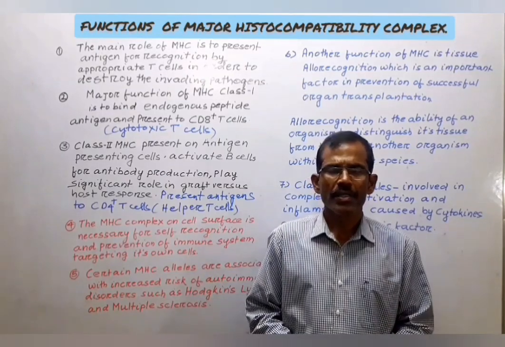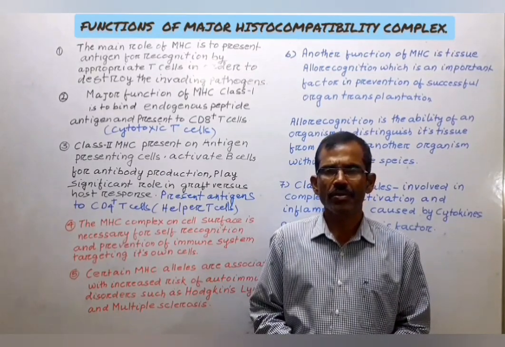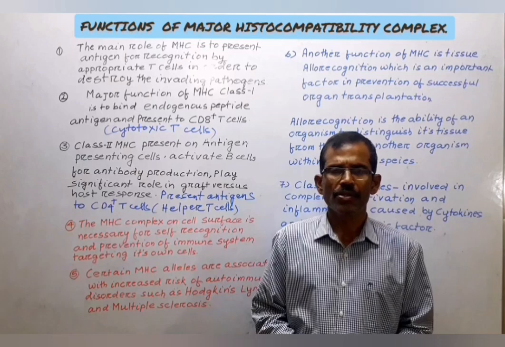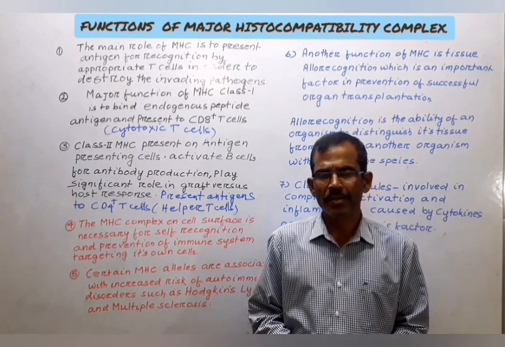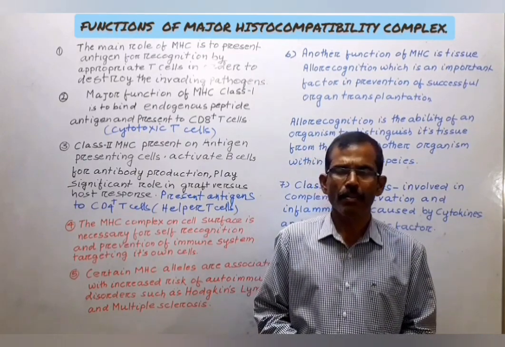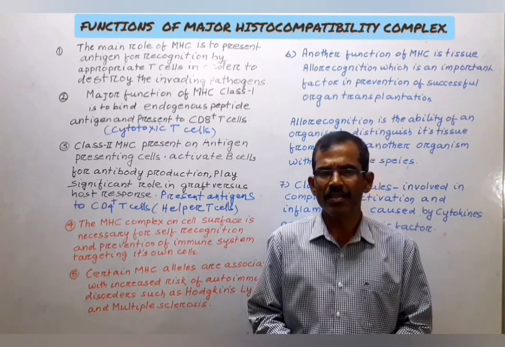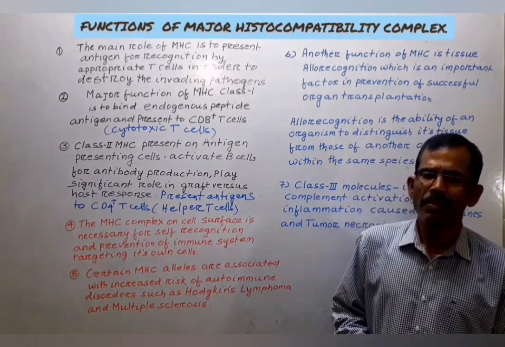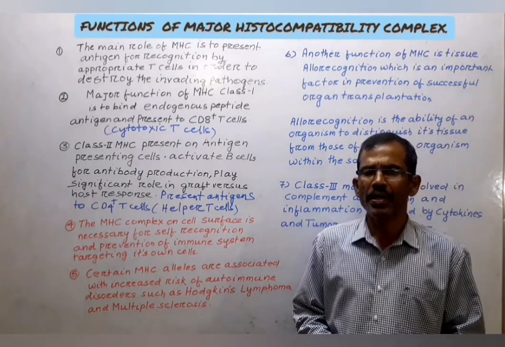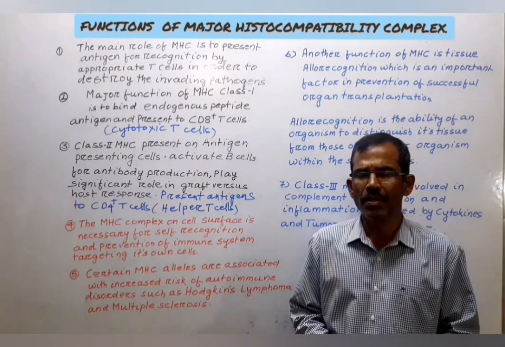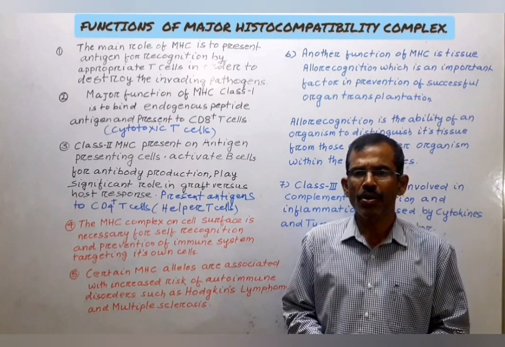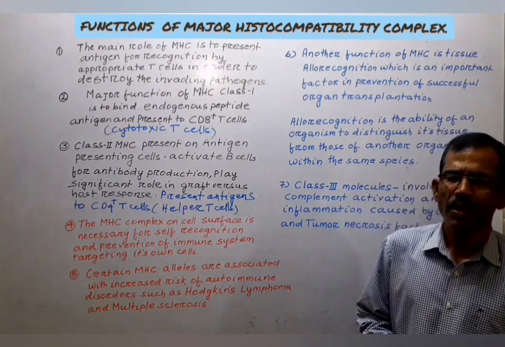Now we shall discuss some of the important functions of major histocompatibility complex. The main role of MHC is to present antigens obtained from different sources to appropriate T cells for recognition in order to destroy the invading pathogens.